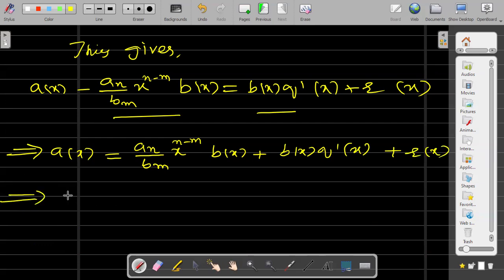This implies a(x) is equal to b(x), it is a common factor here, and pull it out.